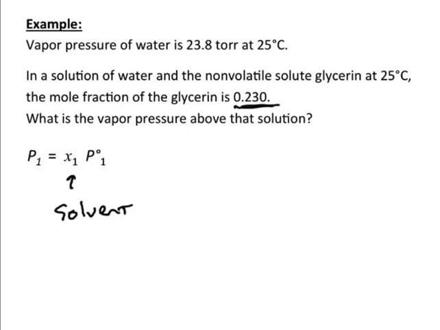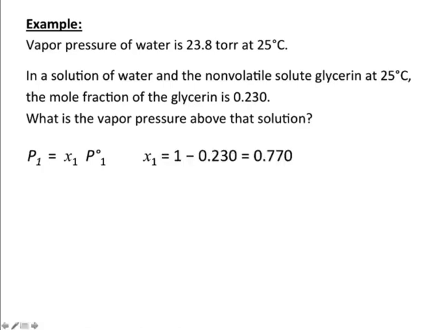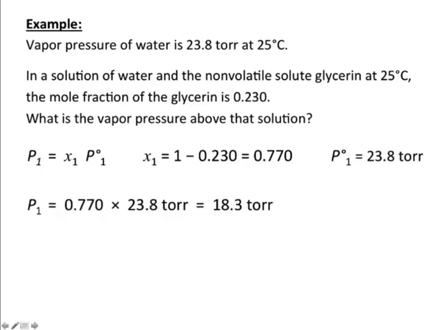Because it's kind of like a percentage, right? You take all of the pieces, add them together, it equals 100%, or in this case, 1, the decimal. And so, alright, we can take 1 minus the mole fraction of the glycerin and get the mole fraction of the water. And then here's the vapor pressure of the pure water. And so now you take the mole fraction of the water times the vapor pressure of the water, and you get the new vapor pressure of the solution, 18.3 torr.